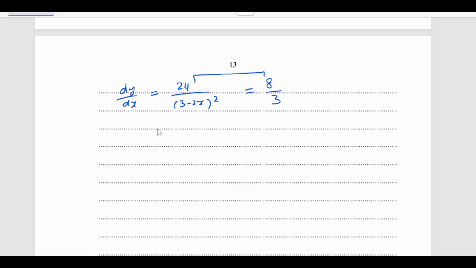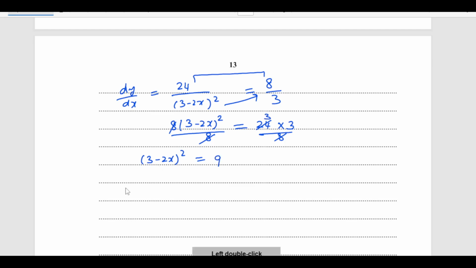So, we are going to have 8 times (3 minus 2x) squared equals 24 times 3. Okay. So, now divide both sides by 8, this 8 and 8 is gone. So, we have (3 minus 2x) squared equals 8 times 3 is 24, 3 times 3 is 9.